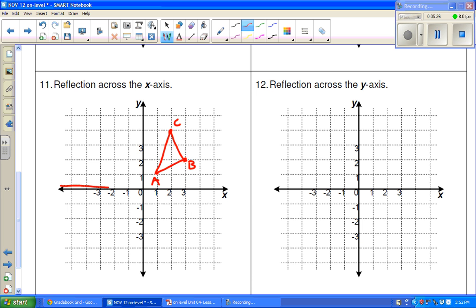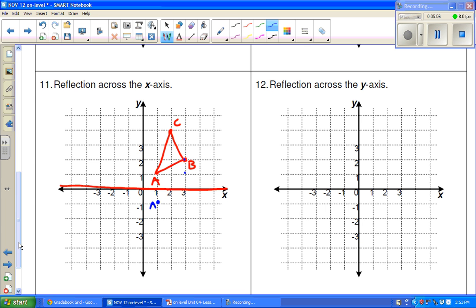across the x-axis, which is our horizontal axis. And if A is 1 unit from the horizontal axis of x here, in quadrant 1, when we reflect over into quadrant 4, A becomes 1 unit away here, where the point is. Now with B, you notice it's 2 points up from the x-axis.